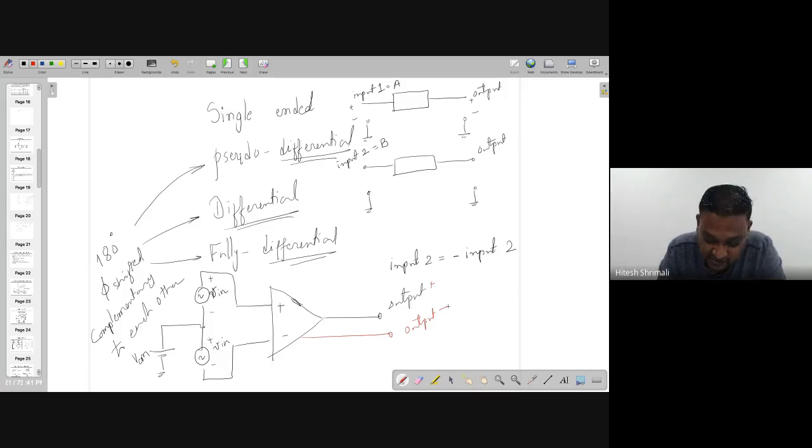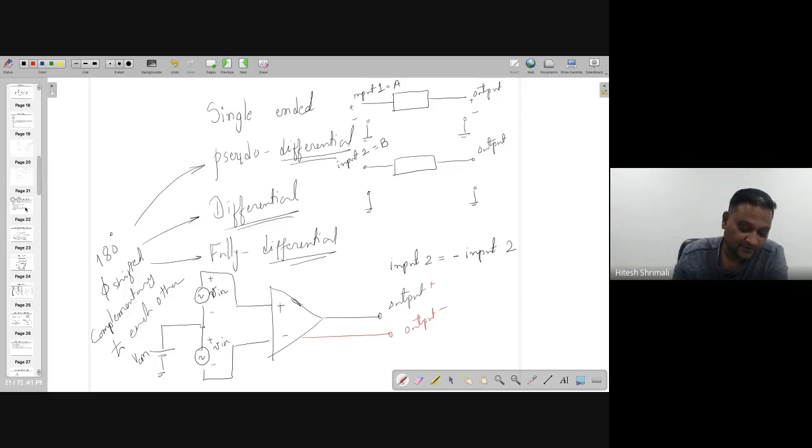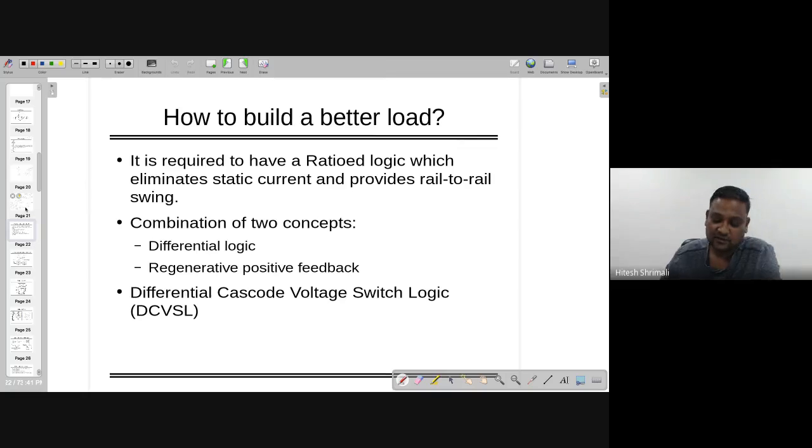Okay, so this was just for your information so that you can understand the wording. Now what I want to do is build a better load. To build a better load, I need to use ratioed logic for sure. Ratioed logic means pseudo-nMOS is the popular one, right?